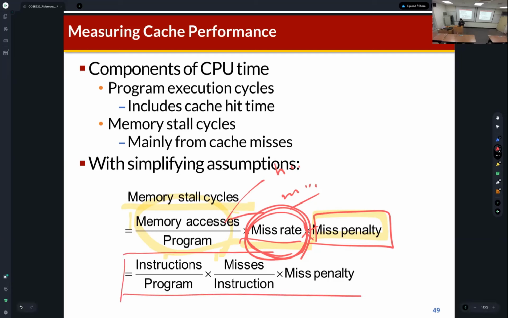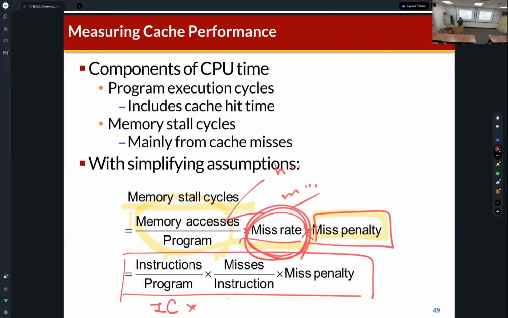So we can rewrite this equation like this. The number of instructions per program, what is this? This is the instruction count, right? And the number of misses per instruction.